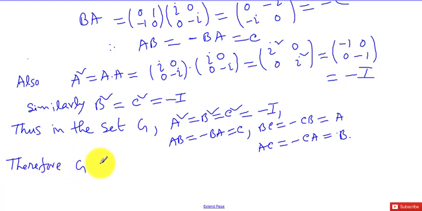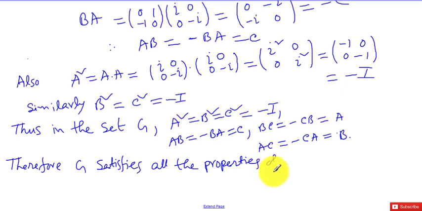Therefore, G satisfies all the properties of Quaternion group.